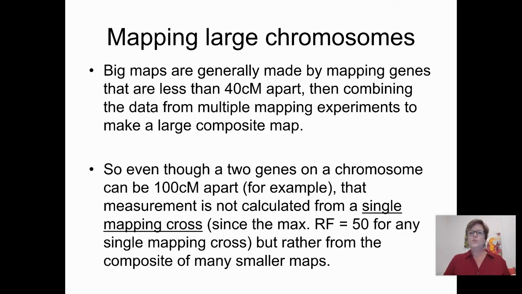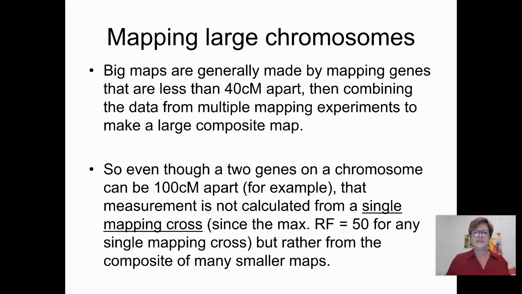When you're mapping an entire chromosome, generally what you want to do is determine genes that are linked less than about 40 map units apart, and then combine or composite the maps to make the entire map.